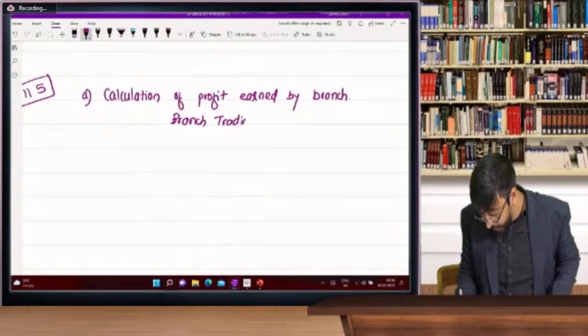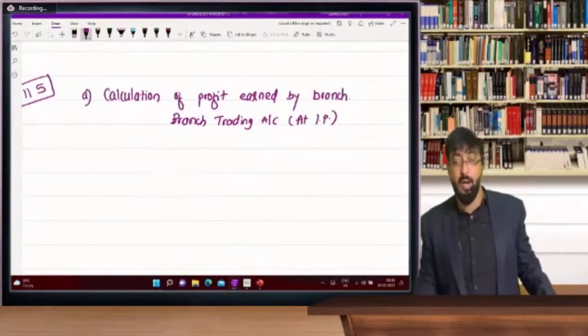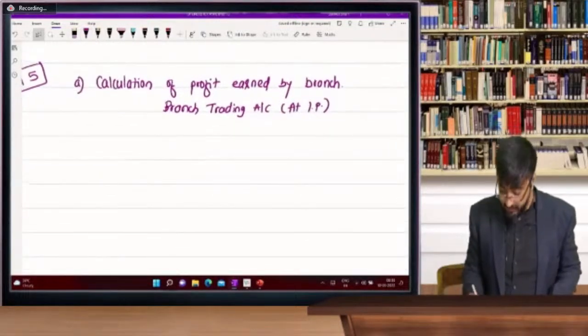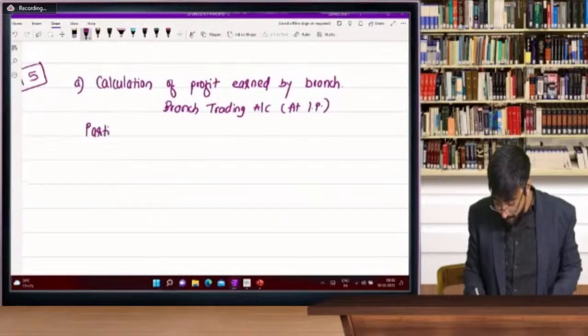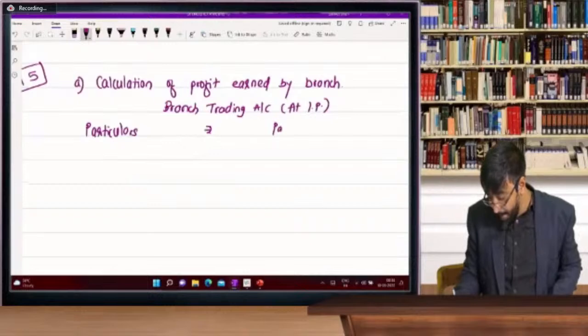Branch trading account at invoice price. Particulars, rupees.